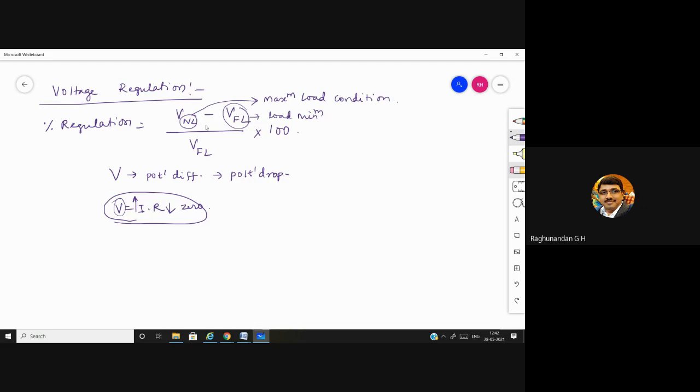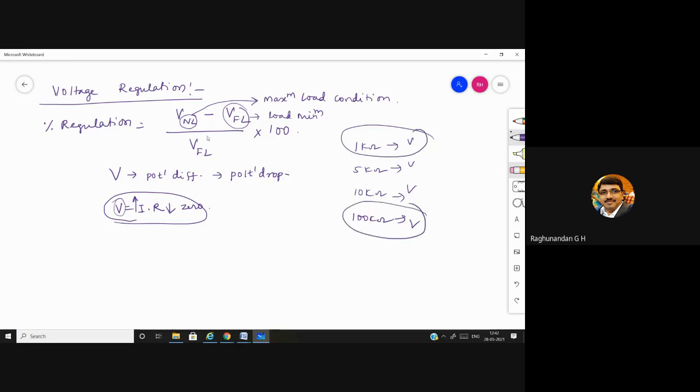What is this percentage regulation? Percentage regulation will give you how much fluctuation it is having. The load I'll be giving for the rectifier circuit: first, let me assume that I'm going to give 1 kilo ohm. After that, I'll give 5 kilo ohm. After that, I'll give 10 kilo ohm. After that, 100 kilo ohm. So for this, correspondingly, you'll be getting different voltages.